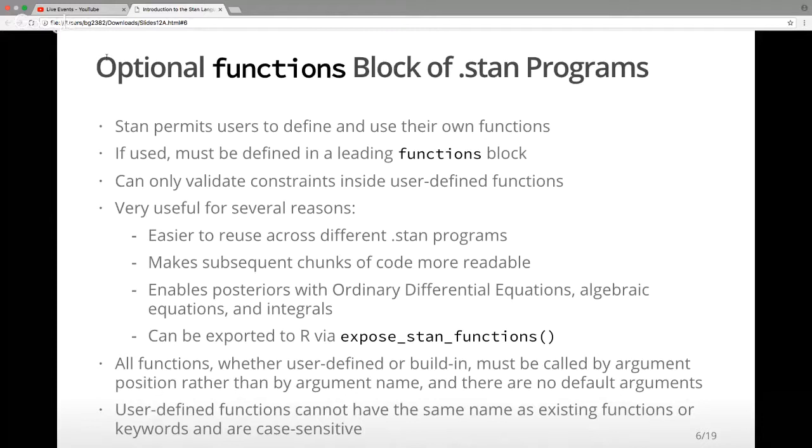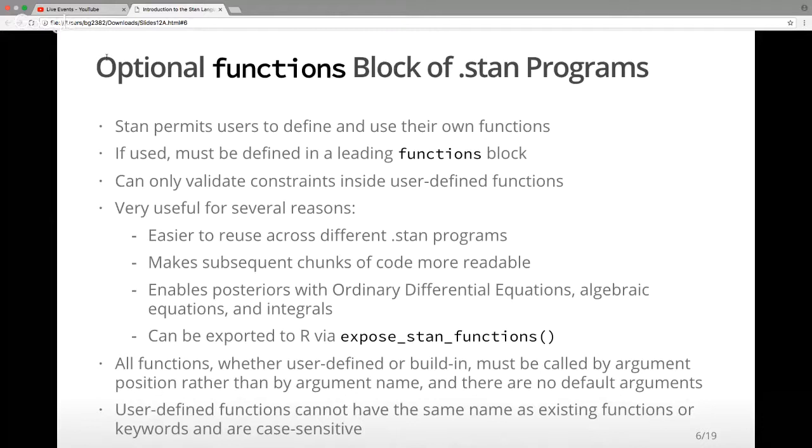Moreover, for the vast majority of functions, built-in or your own, there are no default arguments, so you have to literally spell out every argument to every function. And when you're making your own functions, they cannot have the same name as an existing function, or the same name as a keyword in Stan.